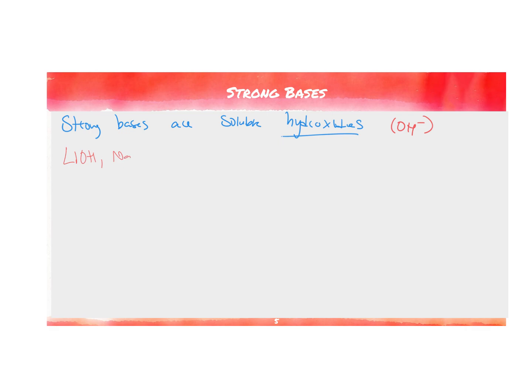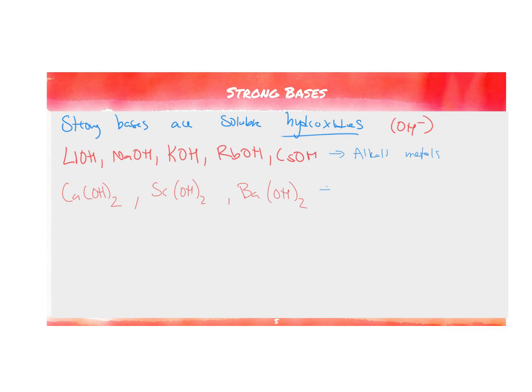LiOH, NaOH, KOH, RbOH, CsOH, Ca(OH)2, Sr(OH)2, and Ba(OH)2. All of these are strong bases. If you notice, this first row, these are the alkali metals, so group 1 on the periodic table.